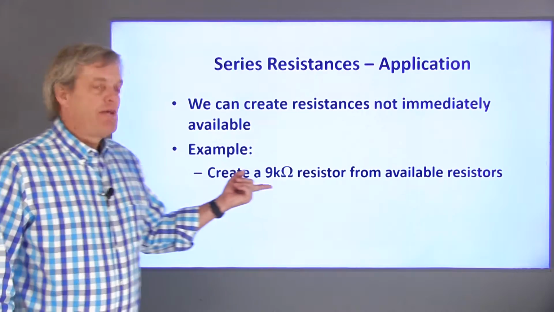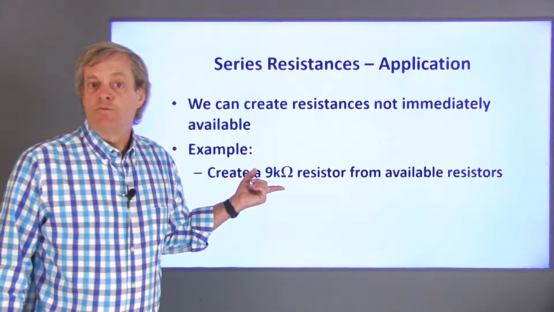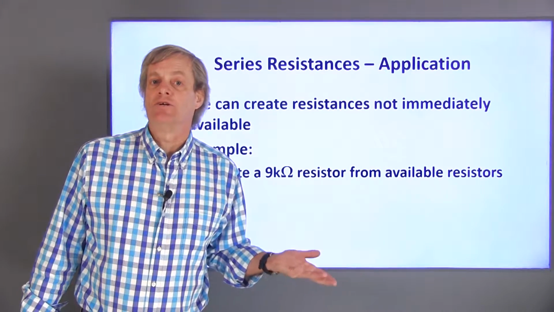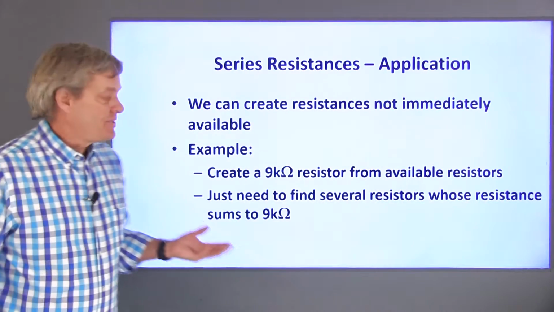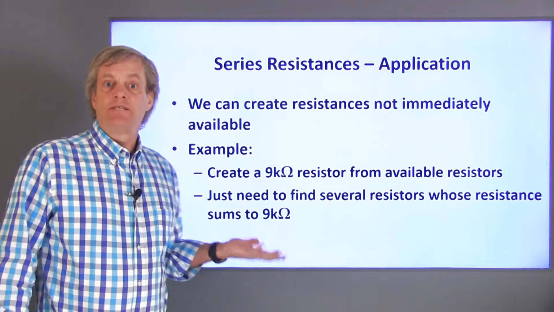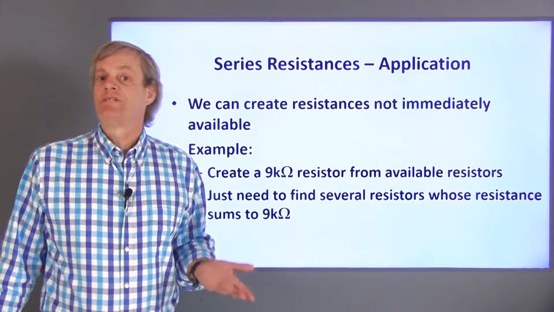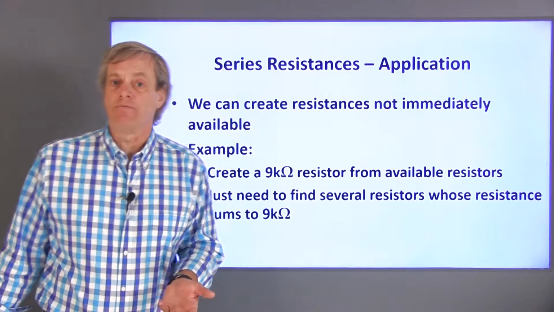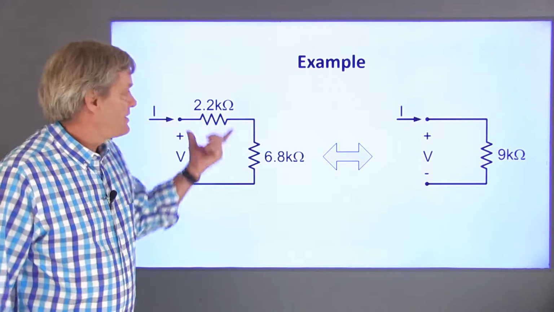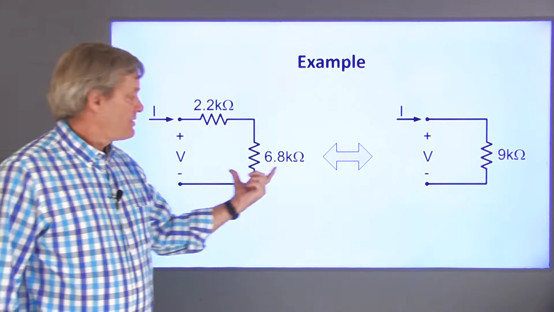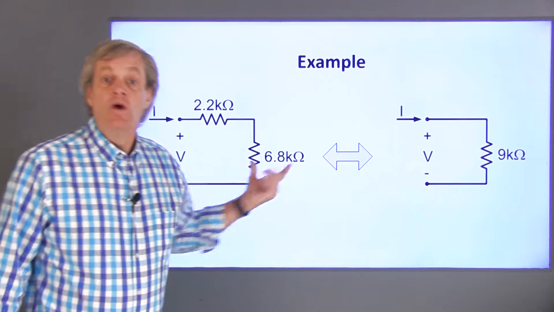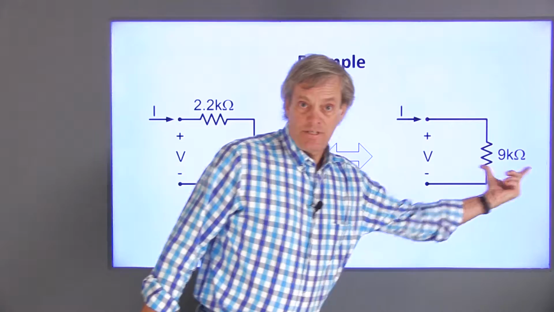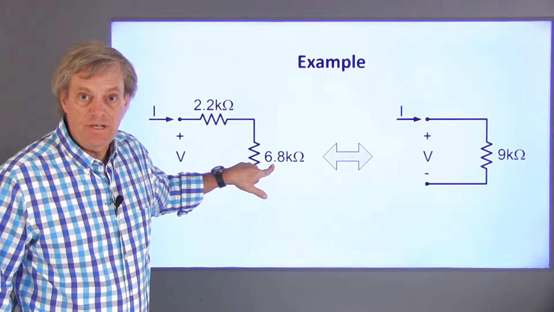For example, say we want a resistance of 9 kiloohms, but we don't have a 9 kiloohm resistor available. Our series resistance formula says that we can use several resistors whose resistances sum to the desired value. So if we have access to 2.2 kiloohm resistors and 6.8 kiloohm resistors, we can create our desired resistance by putting these resistors in series.